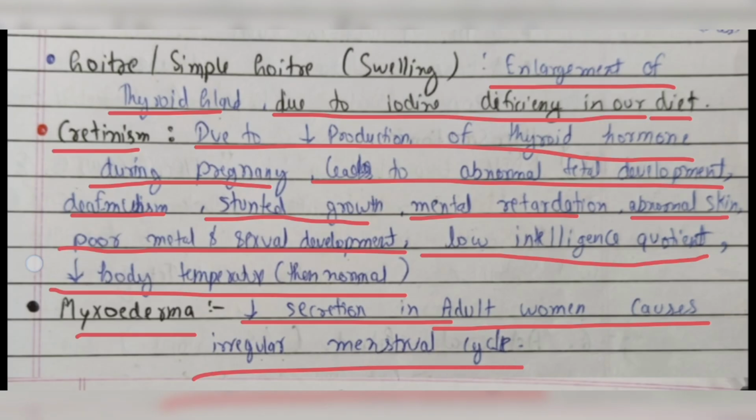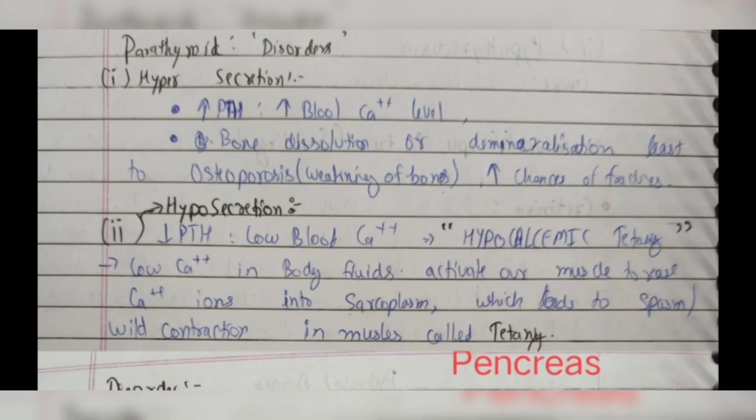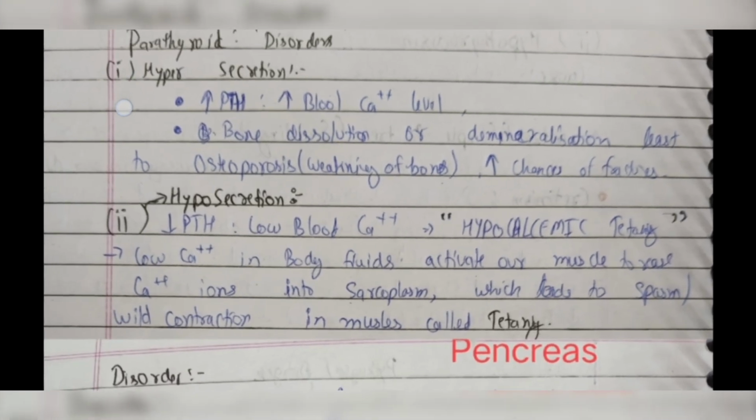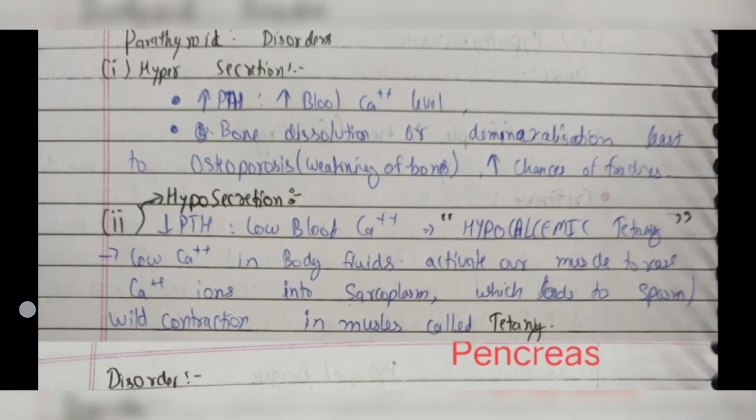Since the thyroid part is covered, let's move on to parathyroid disorders, which have two cases. One is hypersecretion, meaning increased PTH, parathyroid hormone, and increased blood calcium levels, and its effect is bone dissolution or demineralization, and it leads to osteoporosis or weakening of bone and increased chances of fractures.